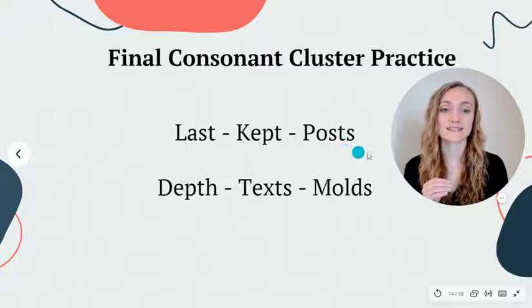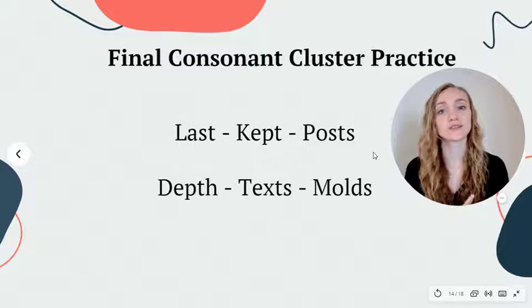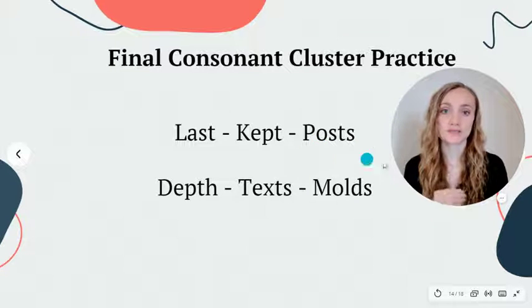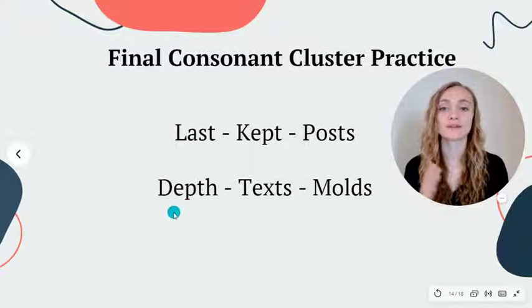Again, try just the STS. And we can go faster and faster as we start to feel more comfortable. Posts, posts. Okay. Next we have depth, depth, puth, puth, depth, depth.